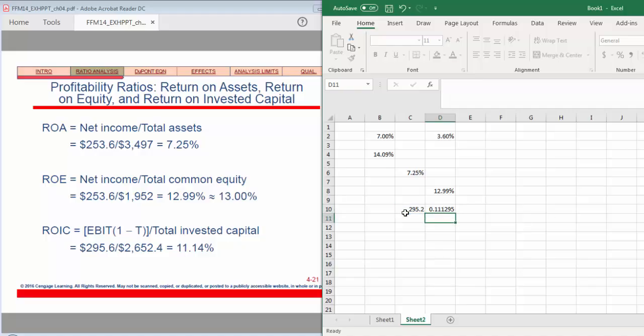If you took the exact numbers, it'll come exactly the same. Since I took off the last 3 numbers, that's why I'm getting a little bit of deviation, but we're getting approximately the same result. So 11.13, which is 11.14 here, which is approximately the same. So again, ROIC, the higher the number, the better.